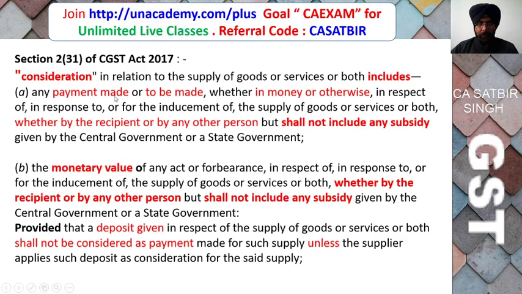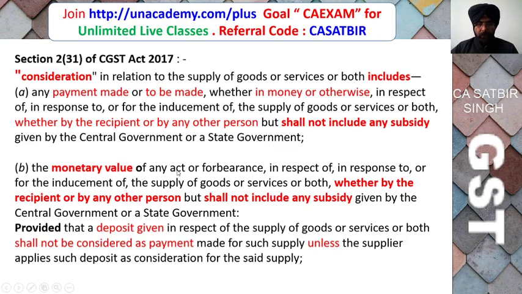Consideration can be paid by the recipient or by any other person. So even if you supply to Mr. A but Mr. B makes the payment, it is not necessary that the consideration should directly come from the recipient. But if any subsidy is given by the central government or state government, it will not be a consideration.